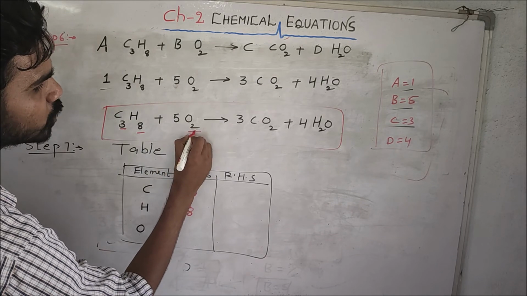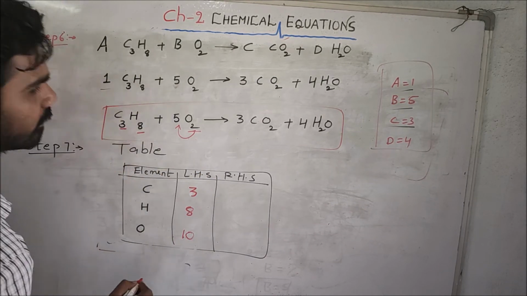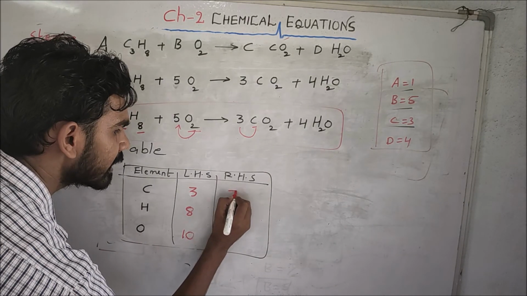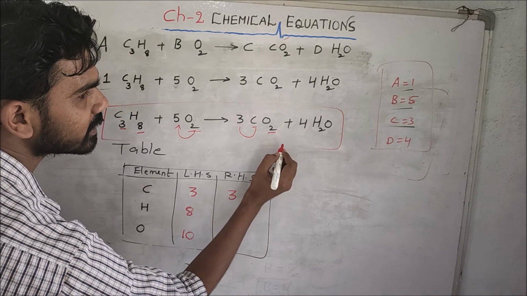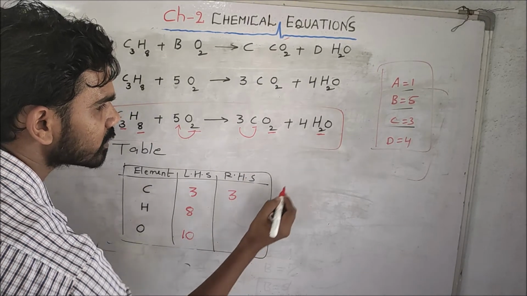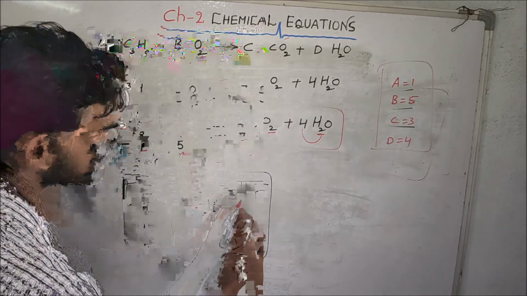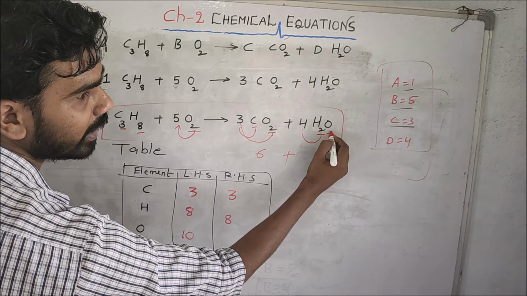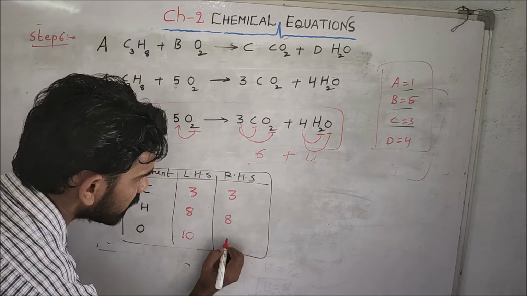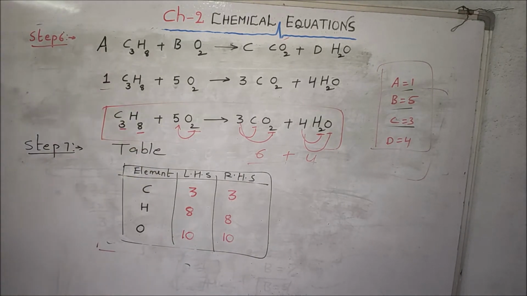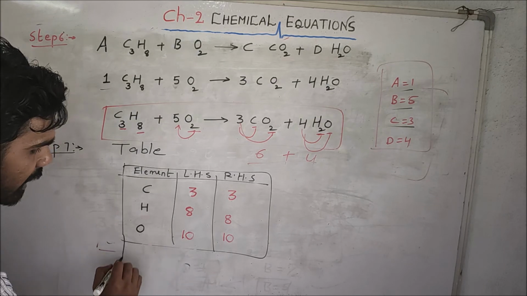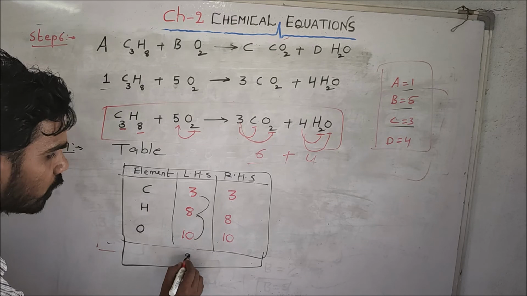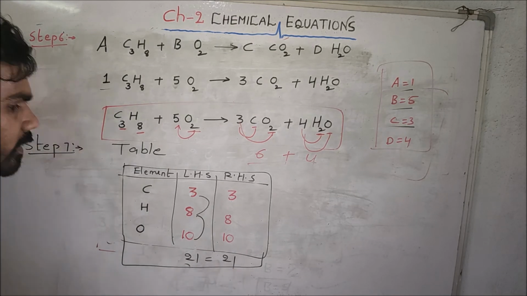How many oxygens? 2 into 5, 10. Now here, how many carbons? 1 into 3, 3. We will write hydrogens first. How many hydrogens? 8. See, oxygens 2 into 3, 6, plus 1 into 4, 4. 6 plus 4, 10. Now you can see the last column here: 10 plus 8, 18 equal to 18. It's balanced.